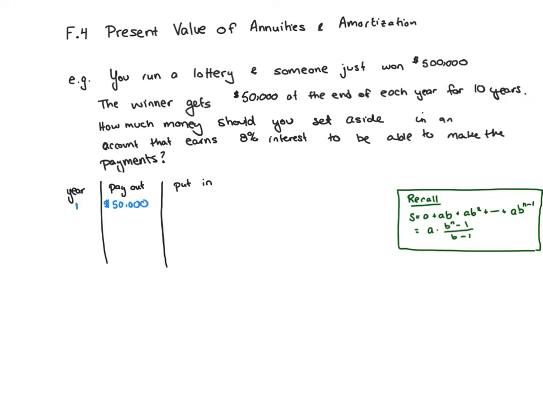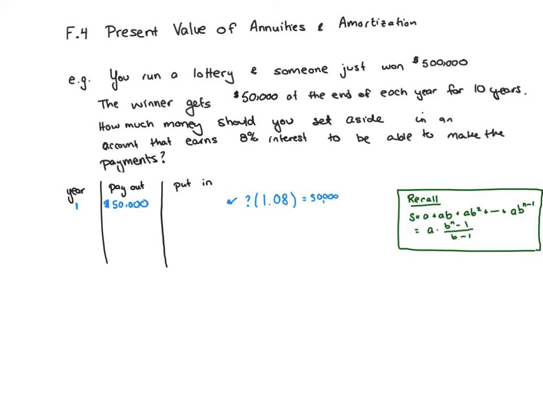Well, that money will be sitting in this account that earns 8% interest for a year. So the amount I want to put in times that 8% interest, so I have the amount that I have plus that 8% interest, 1.08, has to equal that $50,000.